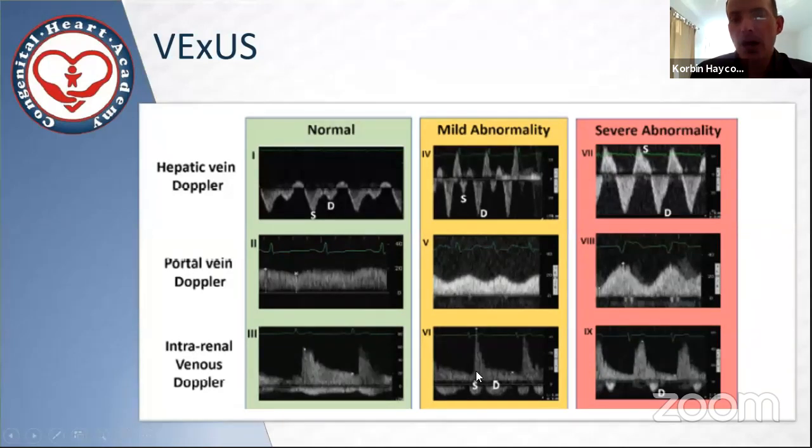For the intrarenal venous Doppler, when it becomes discontinuous and reaches the baseline with S and D waves, that is a mild abnormality, and diastolic-only flow is a severe abnormality. This is based on cardiac literature that shows a very significant mortality and hospitalization difference when you go from this renal pattern to this renal pattern.